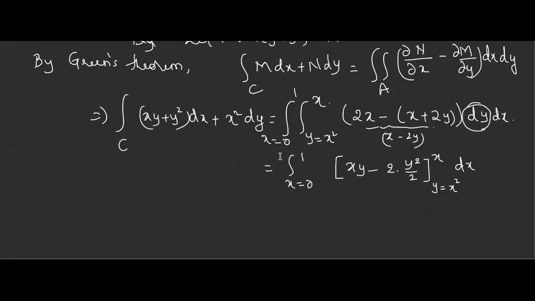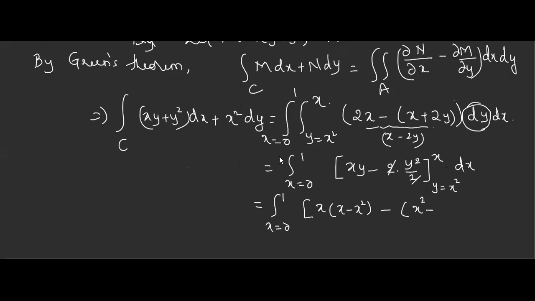Now what we'll do? This 2 can be cancelled. Now substitute the limit. x is varying from 0 to 1. Upper limit y is x, so we get x into the bracket, upper limit minus lower limit, minus y square. If I square the value of x, what do I get? x square.